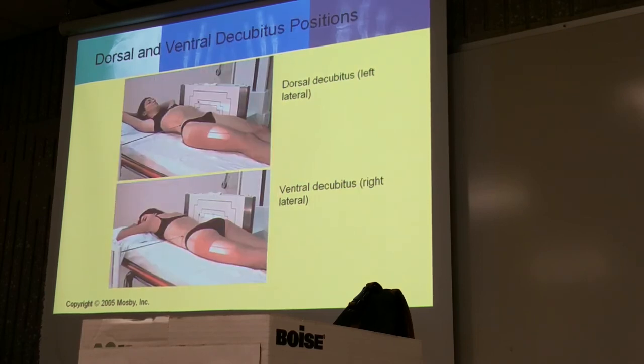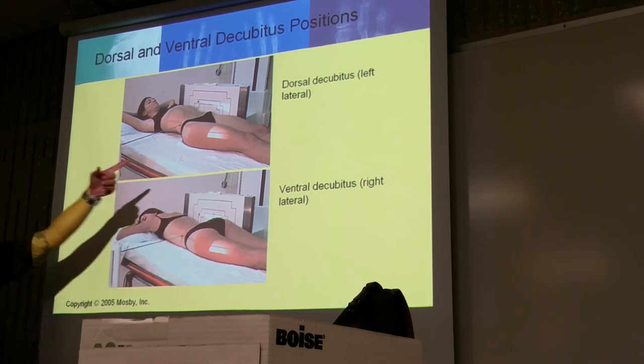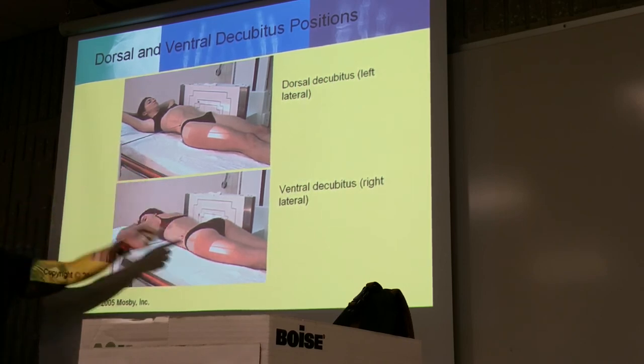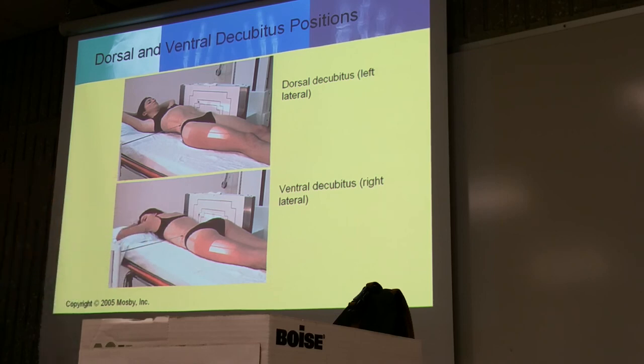There we go. That's what we were talking about. I should have just thrown this up there. So decubitus, dorsal, on their back, because dorsal, they're laying down. Decubitus means a horizontal beam. So it's a dorsal decubitus, left lateral, because the left side is closest to the image receptor. The projection is also lateral.